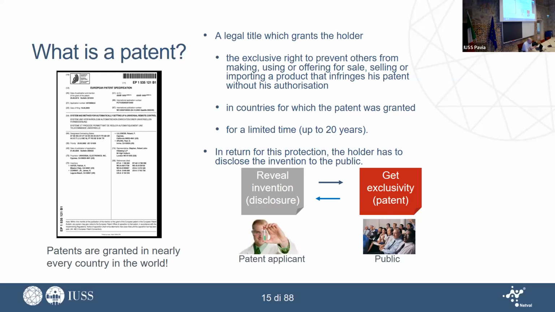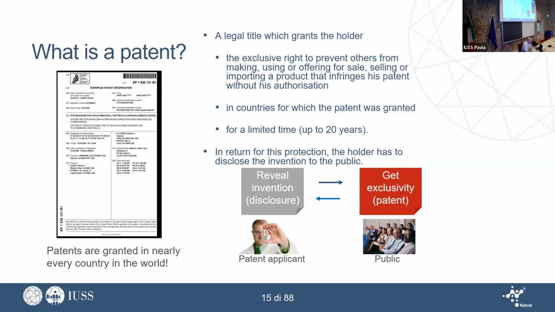Of course, this is for a limited amount of time, and only in certain countries, the states for which the patent has been granted. The exception is use for non-commercial purposes, for example, private use or academic research. This could be an exception to patent protection.